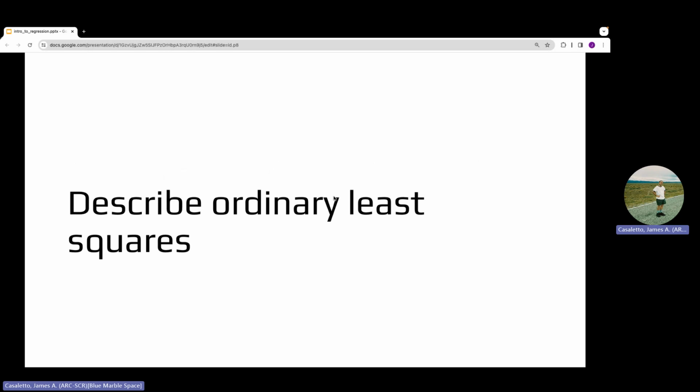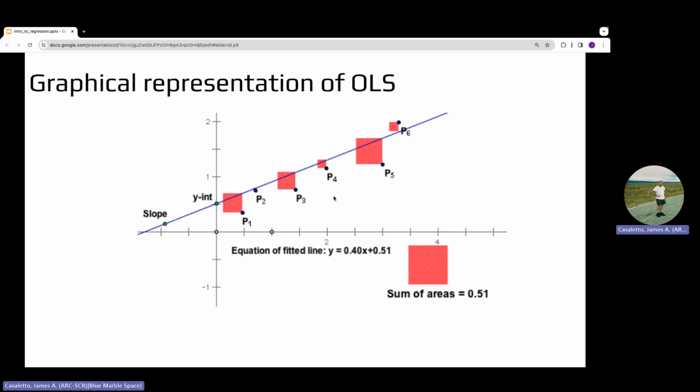In this section, we describe the method of ordinary least squares as an algorithm to fit the best regression line through a set of given points. Ordinary least squares, or OLS, squares the difference between the actual value y and the predicted value y for each point P1 to P6 in this slide.